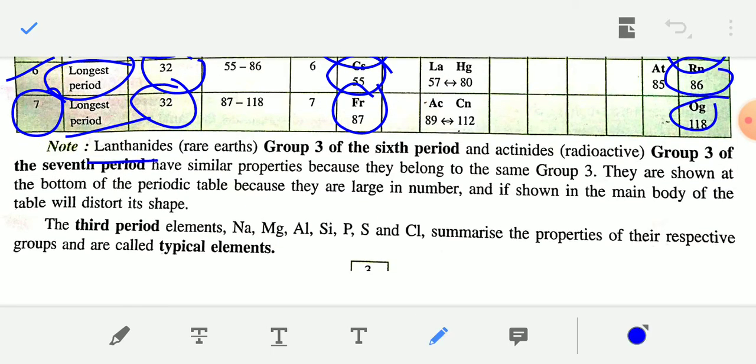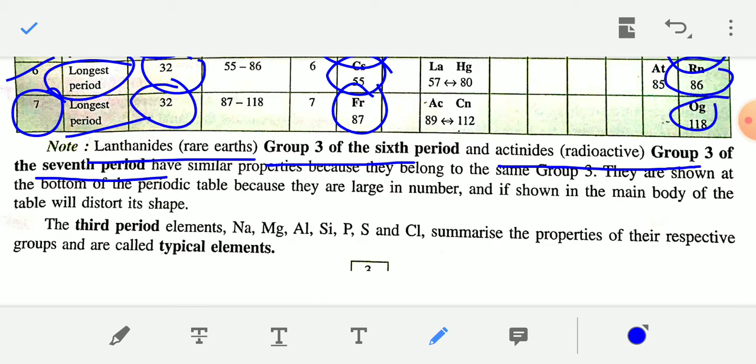Lanthanides, which are also called rare earth elements, are present in group 3 and the 6th period. And actinides, all of which are radioactive, are also present in group 3 but in the 7th period. They have similar properties because they belong to the same group, group 3.